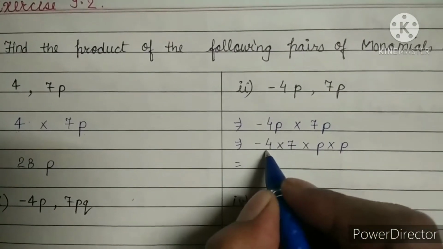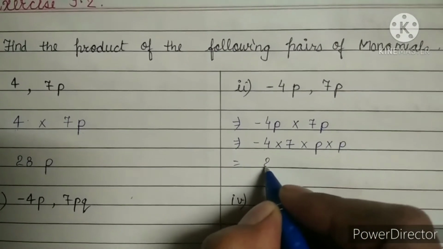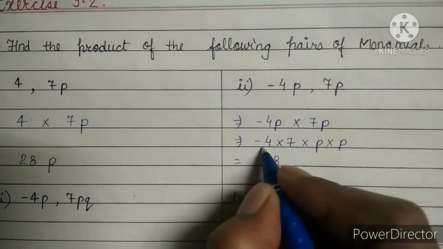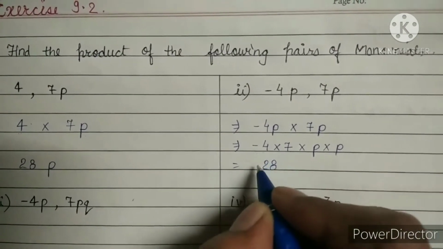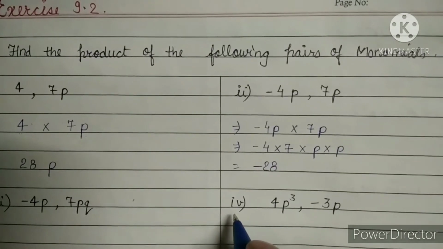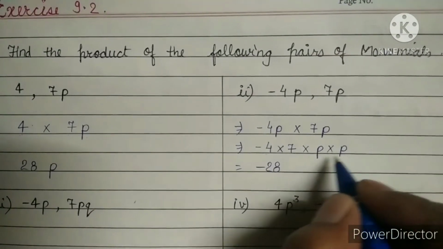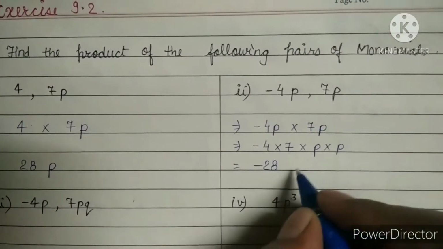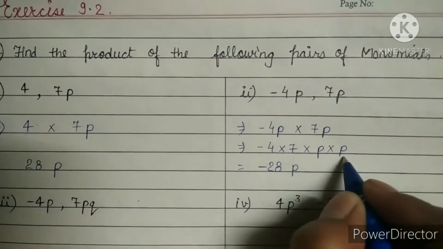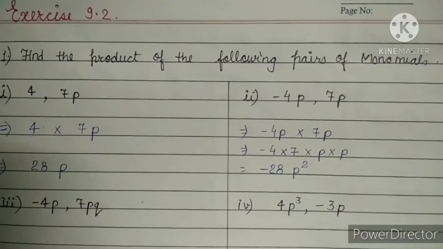So 4 sevens are 28, but one number is negative, that's why the negative symbol will come, and p is multiplying 2 times. So p into p is p square.